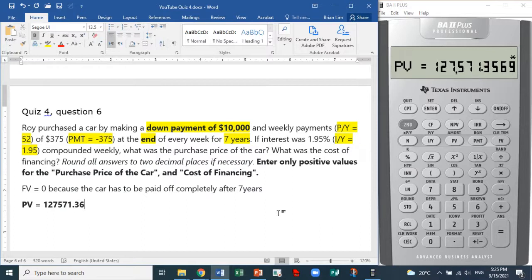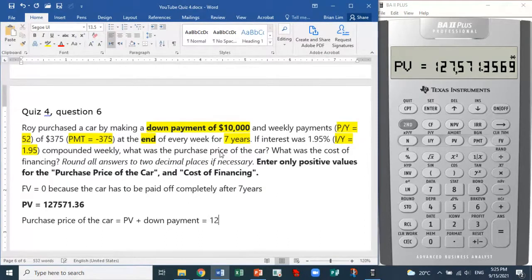But if you want to get the purchase price of the car, it is equal to what? You have to take the present value, and we have to add the down payment.